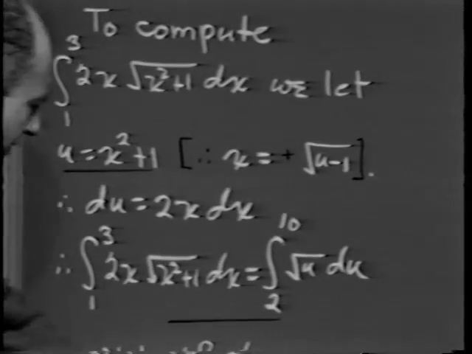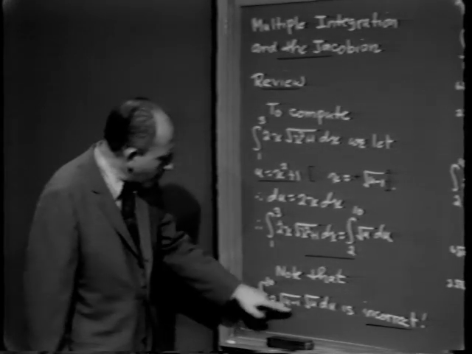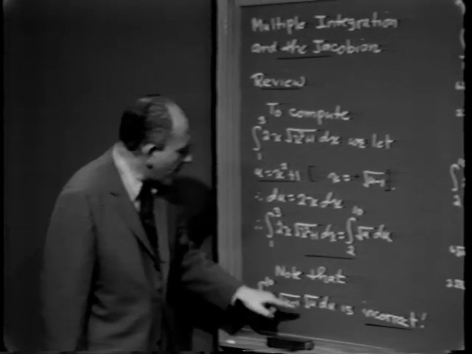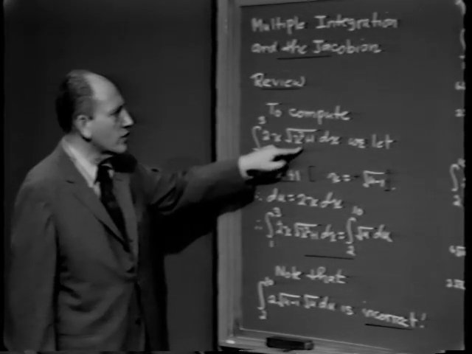That is not to say that this couldn't be computed. What I mean is this number is incorrect if by this number you mean the value of this definite integral here.